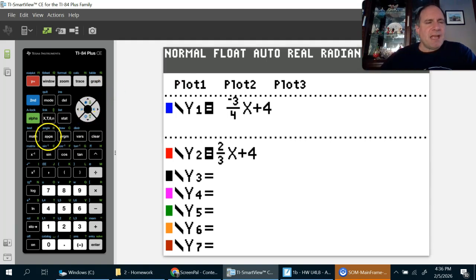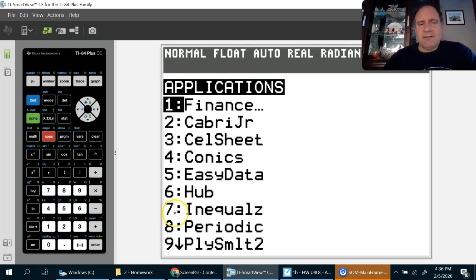Remember, pressing apps, it should be there. If it's not there, then you have to download the Inequalz app and then just put it on your calculator, and that will help out.